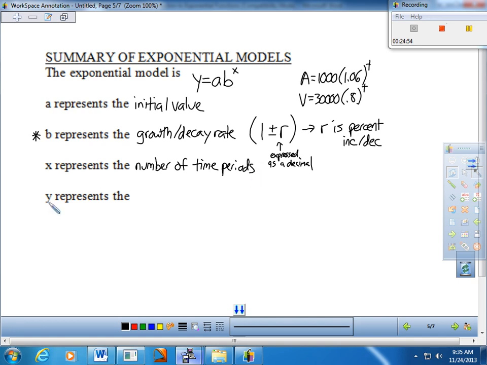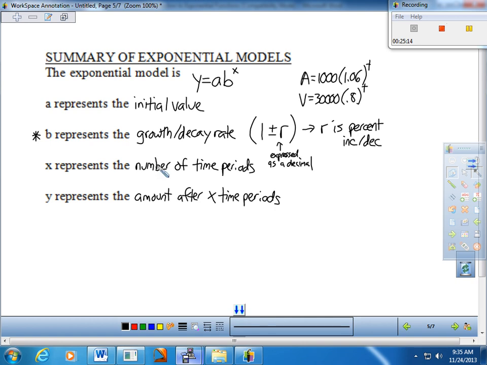And last but not least, the y, of course, represents the dependent variable. Typically, if we're talking about over time, this would be the amount of whatever we're looking at after however many time periods. Okay, so again, that's what we'll see it as.